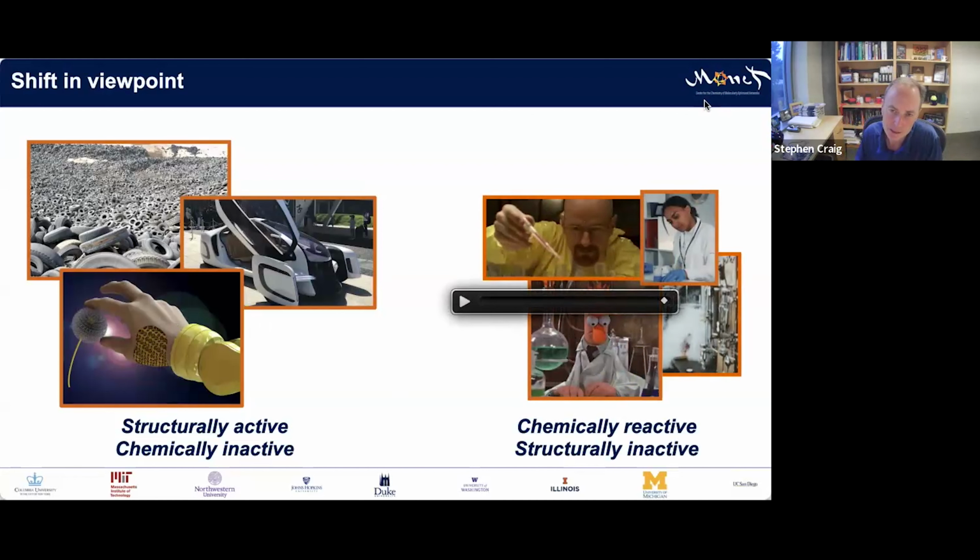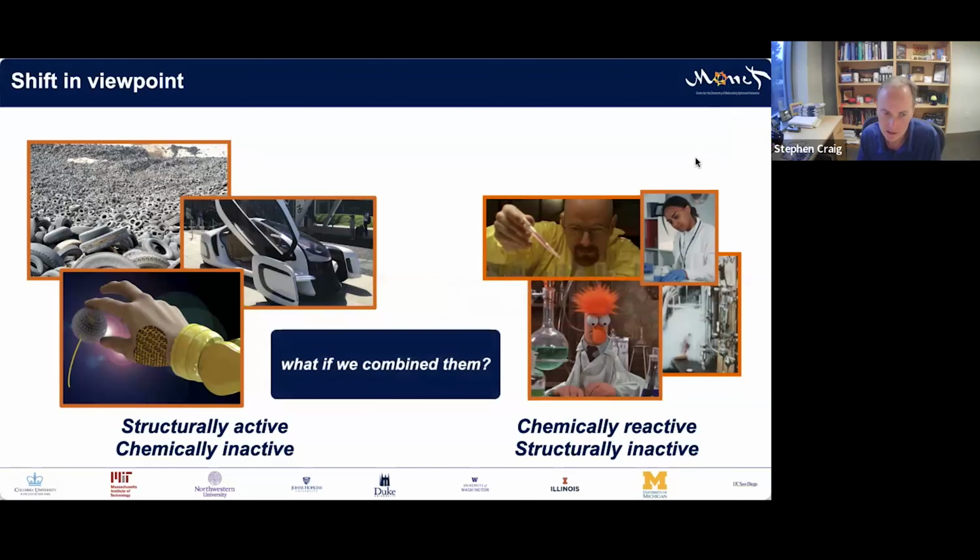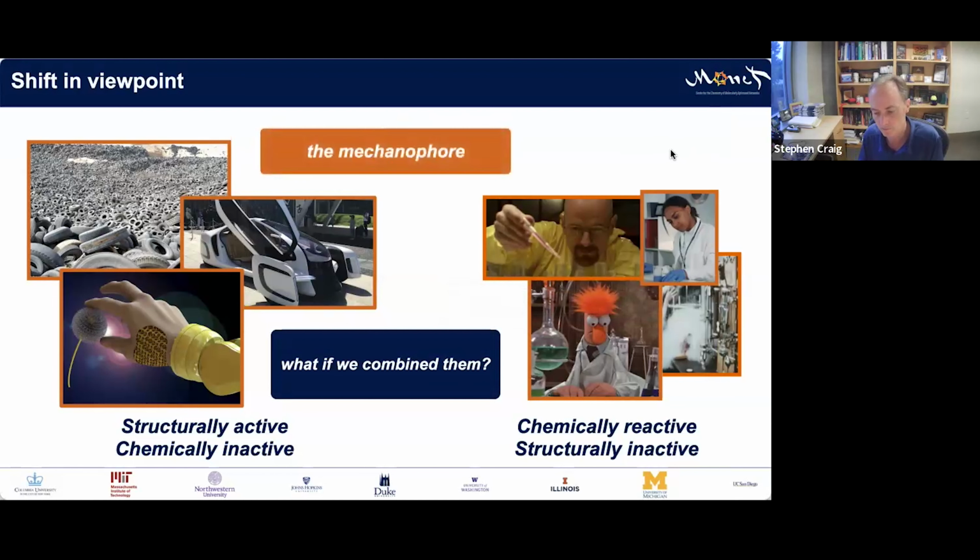And in my lab and in the center I direct, we're really interested in the intersection of those two things and asking the question, are there opportunities to be gained by embedding chemical reactivity into structural materials based on polymers? There are a lot of ways you could think about that question and answer, but today I'd really like to focus on some examples built around the concept of the mechanophore.